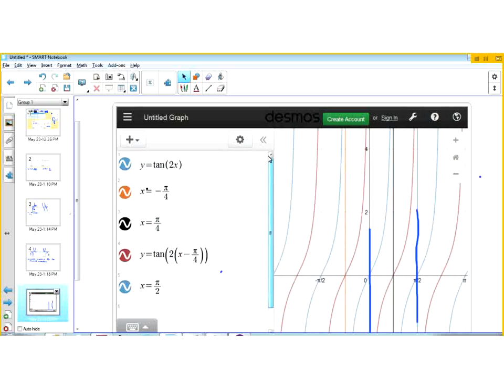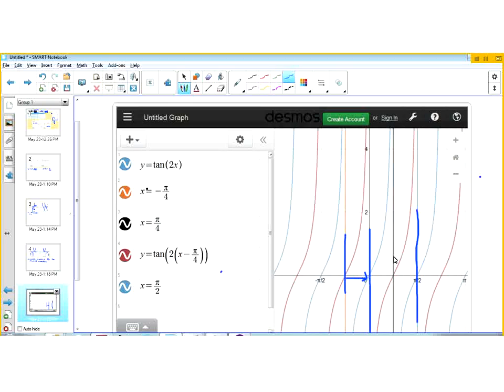The blue curve is y equals tan 2x, and the tangent of 2x has vertical asymptotes. Let's analyze the shift here. This is the vertical asymptote for tan of 2x, and when we shift it right pi fourths, this vertical asymptote gets shifted here.